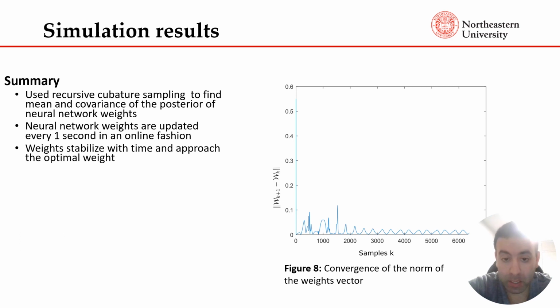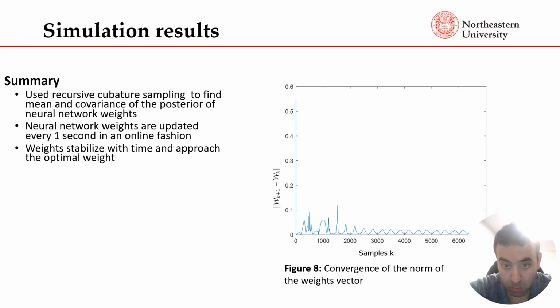As I said, ideally the weights should converge to a stationary value, so the optimal weight should converge to a constant value. Therefore, to measure convergence of our algorithm, we measure the norm of w_{k+1} minus w_k at each time step k of the vector of the weights.